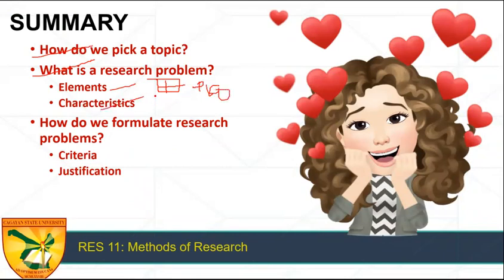We have a full checklist on this. Then how do we formulate your research problem? You have your checklist again here, criteria in choosing, and we have your number one, professional significance. And for justification, we also have a guide, guide questions on formulation of your research problems.